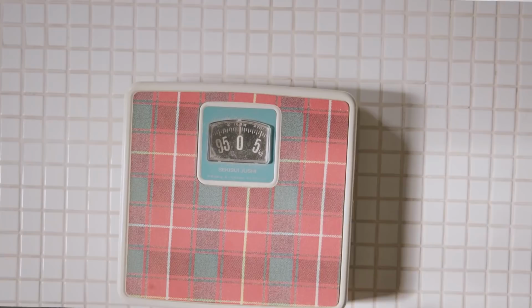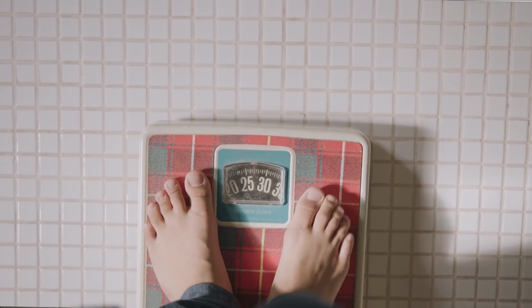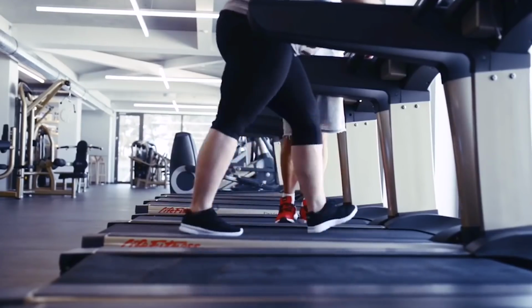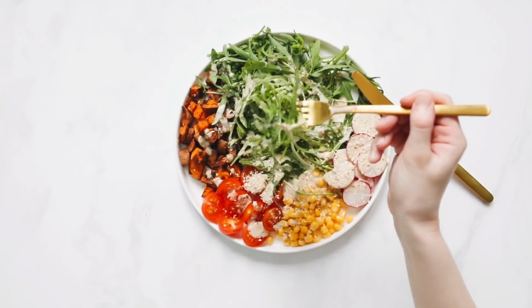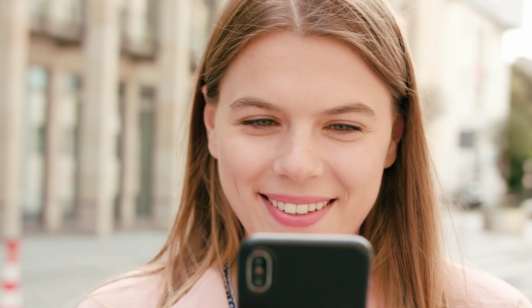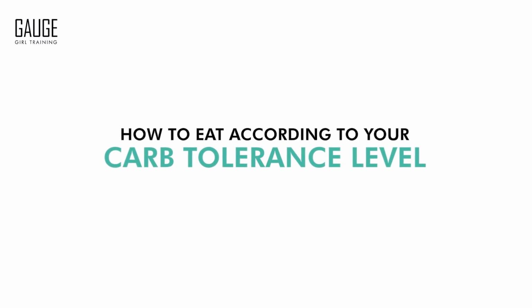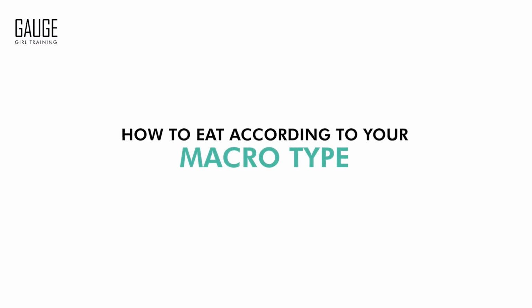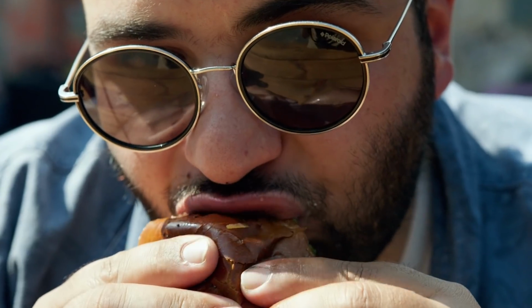But for the rest of us who actually do struggle, who are applying ourselves 100%, who are working out, who are eating healthy, and are still having problems, this is going to help you fine-tune how to eat according to your carb tolerance level and your macro type. And first and foremost, as you know, total calorie intake is always the most important. But there are additional layers of information that I have collected over the last 10 years of health coaching that are going to help you accelerate this process.